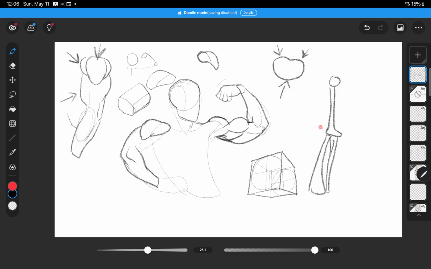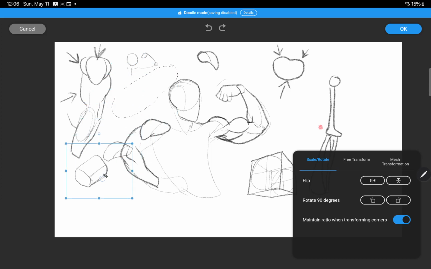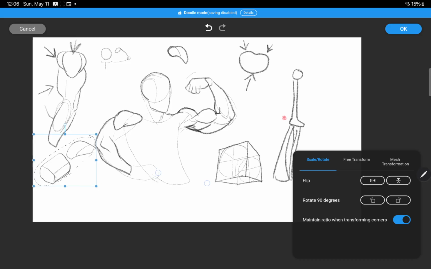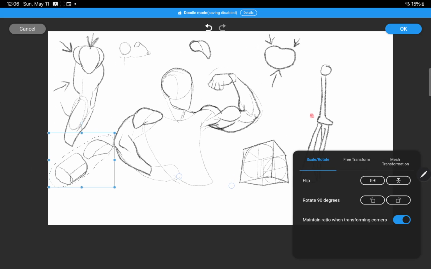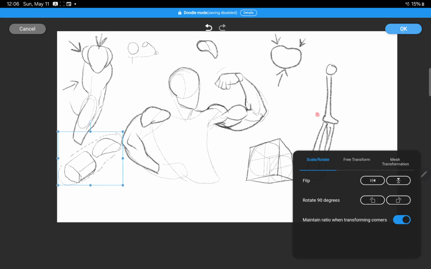And then let me move this. Can I move this? Yes. Okay. So I'll move this over there.